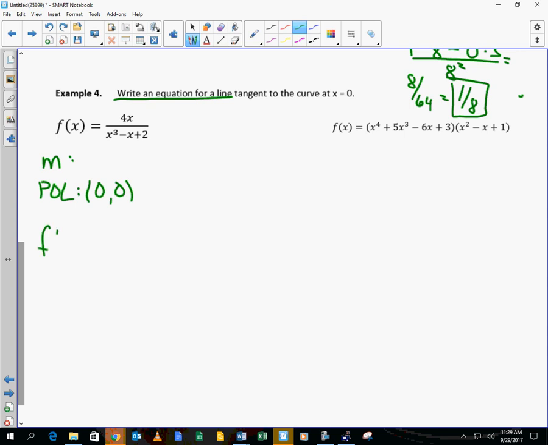f prime of x is equal to the derivative of the top, 4, times the bottom, x cubed minus x plus 2, minus the top times the derivative of the bottom, all over the bottom squared.